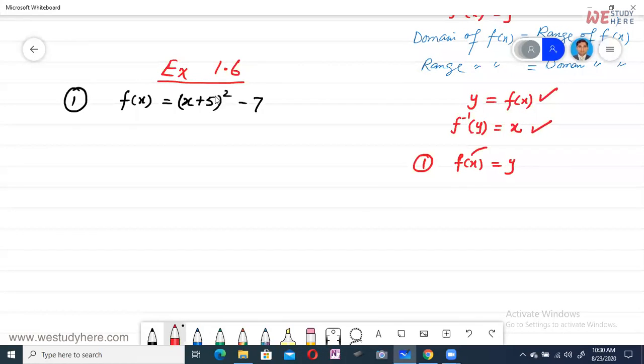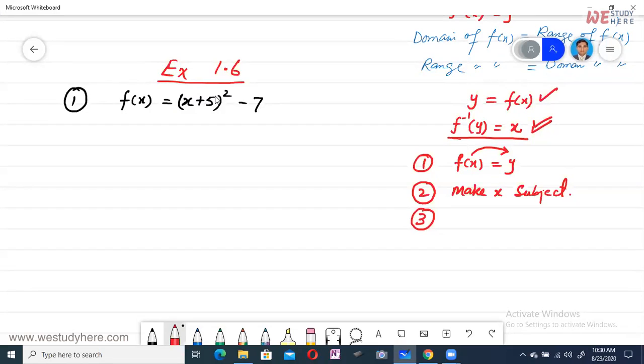In the second step, make x the subject. Then in the third step, in place of x, you substitute x is equal to f inverse of y.